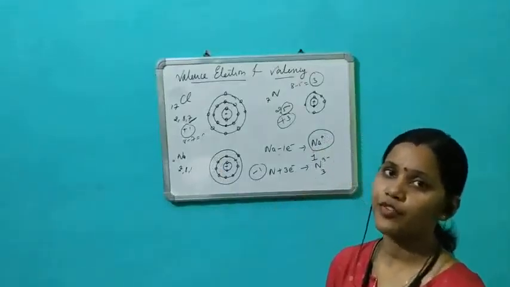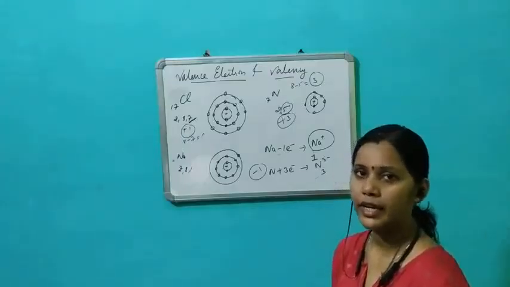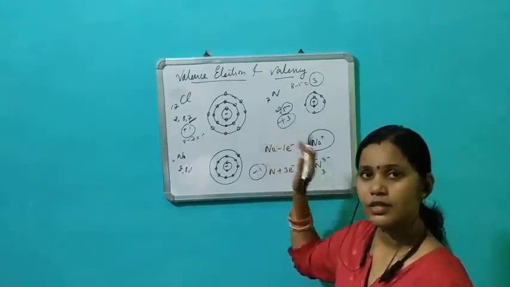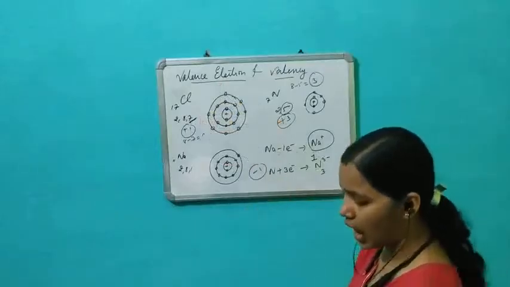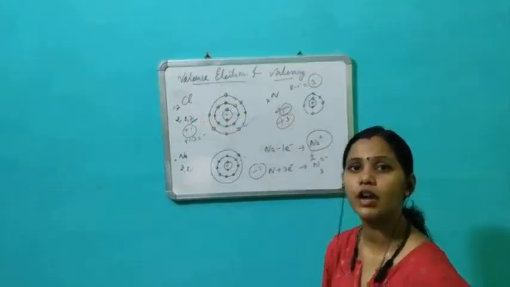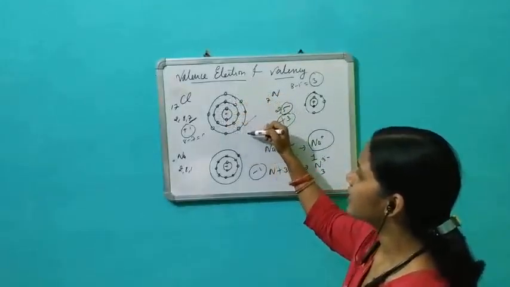So in both ways we can understand what valency is. Valency is the number of electrons a species can lose or gain. So this is the valency. But what is valence electron? It is the number of electrons present in the outermost shell. How many valence electrons are present in the outermost shell of chlorine? 1, 2, 3, 4, 5, 6, 7.